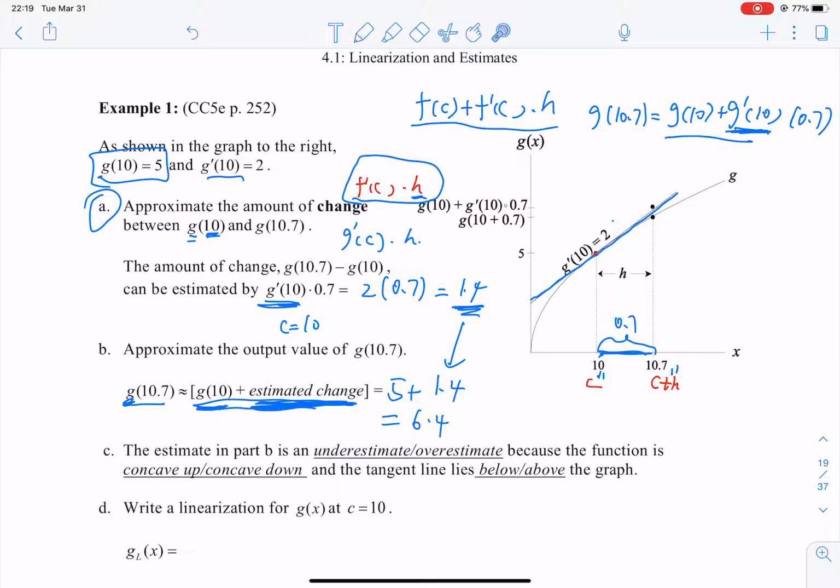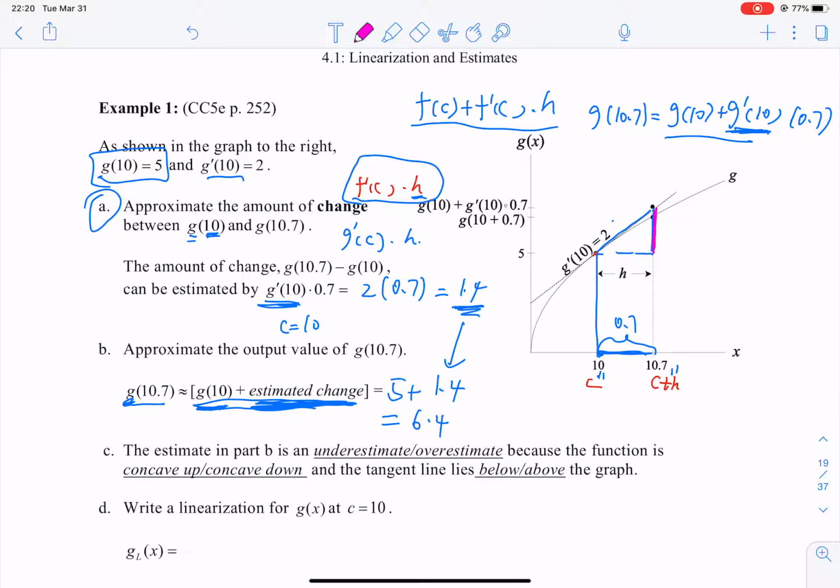So by using the formula, the estimation is f of 10 plus the slope of the tangent line multiplied by the vertical distance. The vertical distance is right here. The slope of the blue line multiplied by this part.